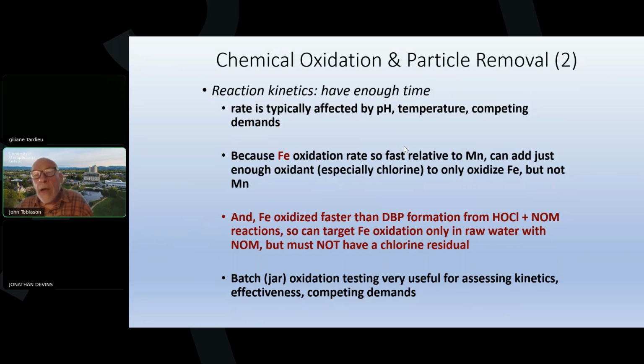And iron is typically oxidized faster than the oxidation of natural organic matter to make disinfection byproducts, so we can sometimes use free chlorine to oxidize iron only in the presence of manganese and NOM, and then proceed with other processes. And we can do nice bench scale things. One thing about chemistry in water treatment: it doesn't matter whether it's a beaker, a vial, or a treatment plant, the chemistry is the same.